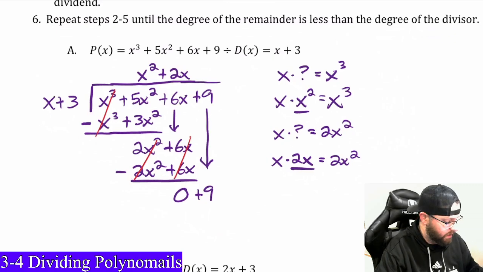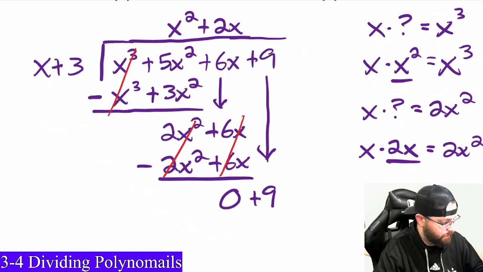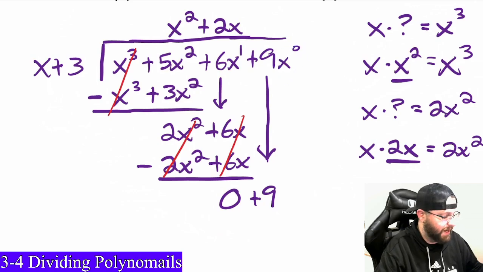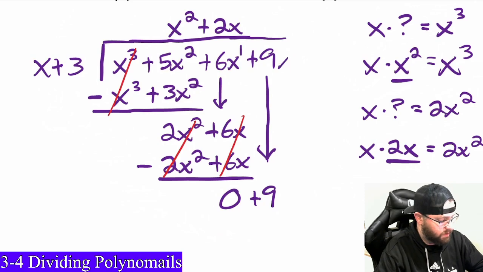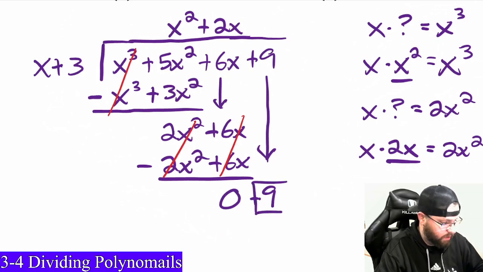Technically, when we talk about a constant, we go from x cubed to x squared to x, technically that's to the power of 1. And then this is technically x to the power of 0, a constant, whose degree is less than x to the power of 1. So we will call this the remainder. Okay, so this is going to be our remainder.